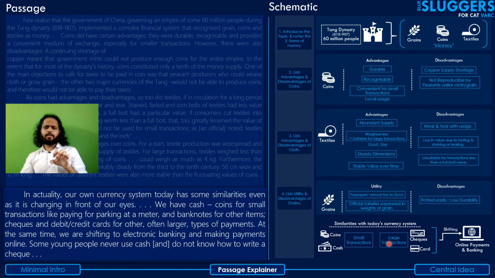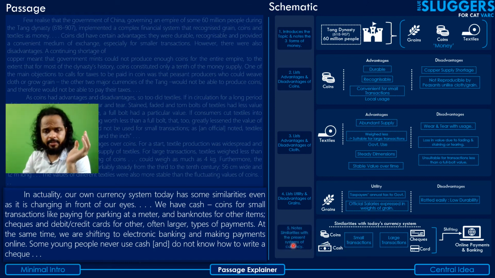So at a conceptual level, there are some similarities that he notes here, and then he finally moves on to say that even that is changing quite quickly, and we have been graduating towards online payments and banking, so much so that some young people these days never even use cash and do not even know how to write a check, right? So with that, he closes the passage.